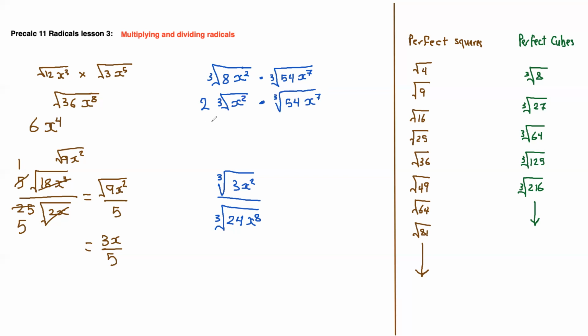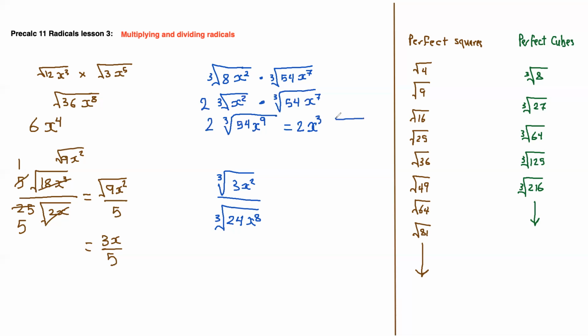Now you can multiply it right through, so you'll end up with 2 cube root of 54x to the 9. The cube root of x to the 9 I could do right away because 9 divided by 3 is 3, so that makes it x cubed.